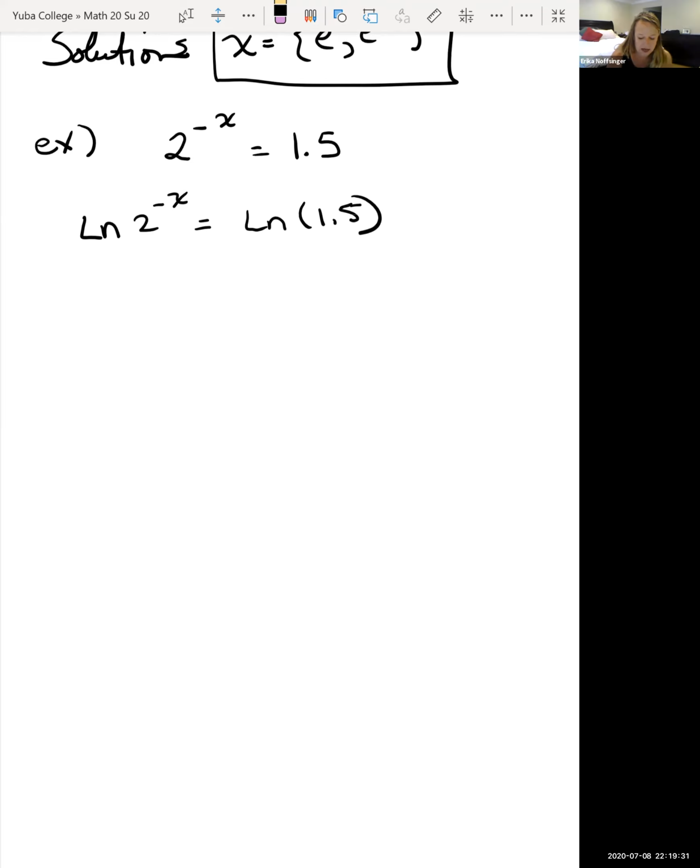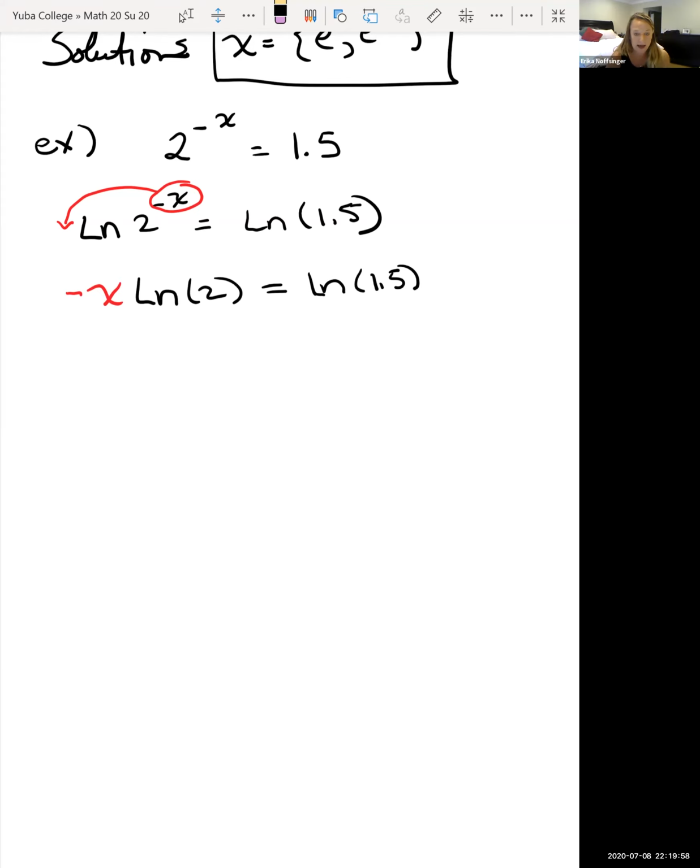So if I took the natural log of both sides of this equation, now I can use the property of logs and exponents to bring our exponent down. So this is the same thing as negative x all times our natural log of 2 equals the natural log of 1.5.